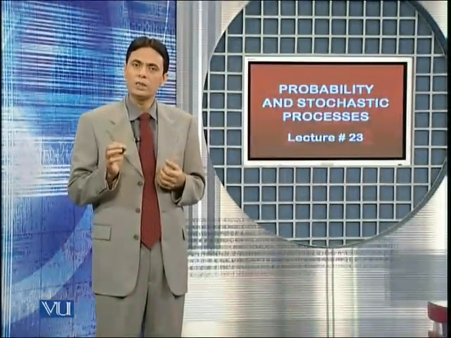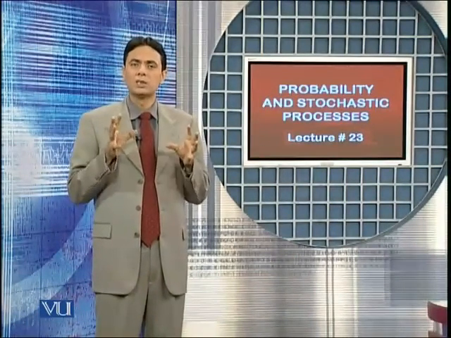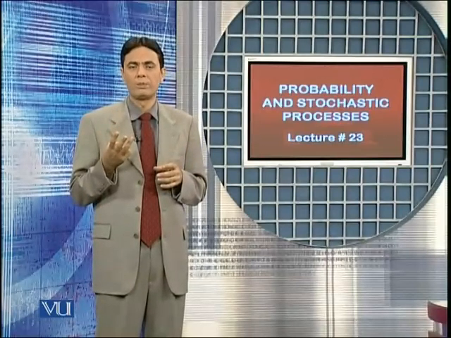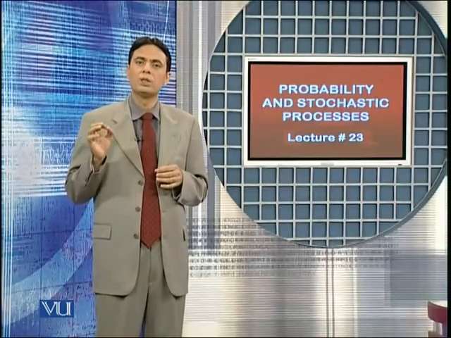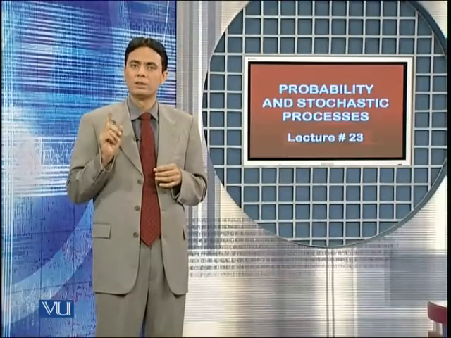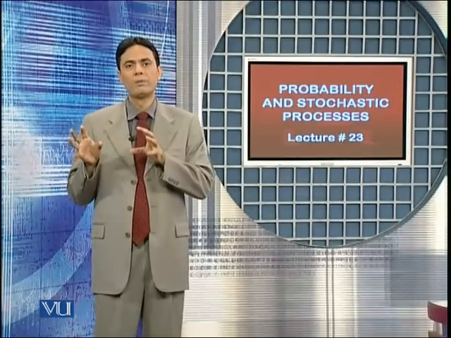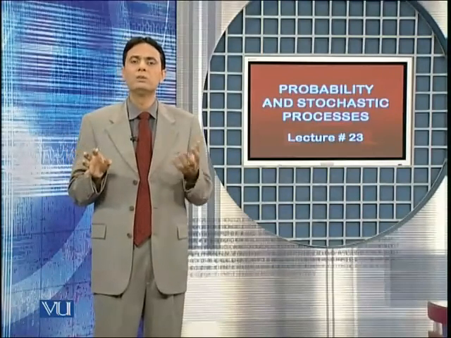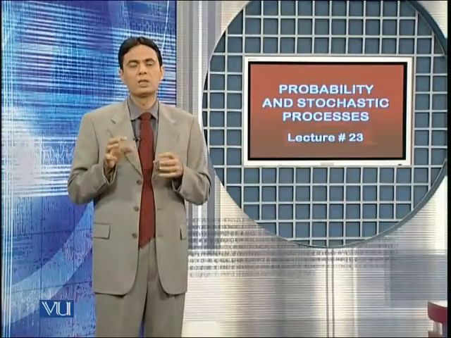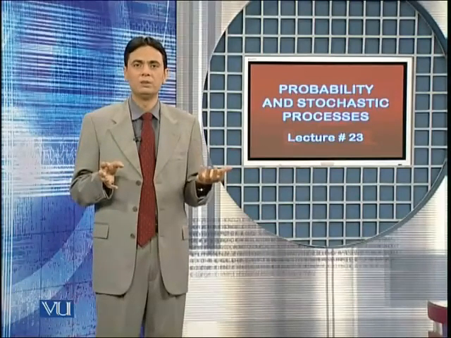So we usually do not assume independence, and we find the joint PDF of u and v from three things: first, the joint probability density of x and y, the two underlying random variables; second, the function g, which combines x and y to give you the new random variable u; and third, the function h, which combines x and y to give us the new random variable v.